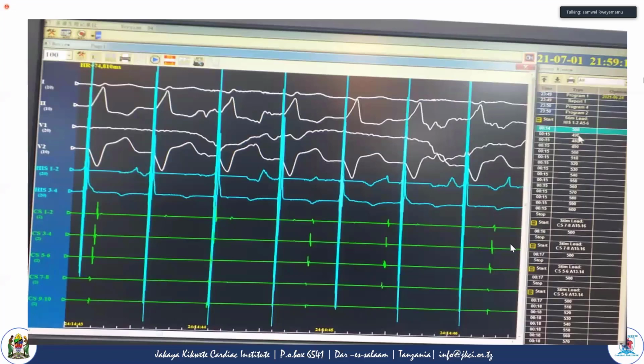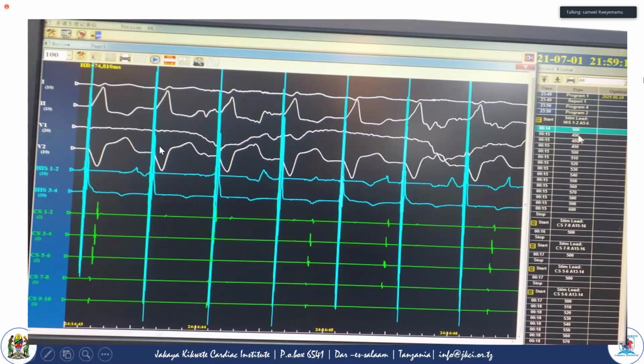Having received this patient, he was taken to the cath lab, where our approach was all sheaths and the catheters, the access on the femoral vein. Now these are the signals that we got from our catheters when the patient was already on the table.